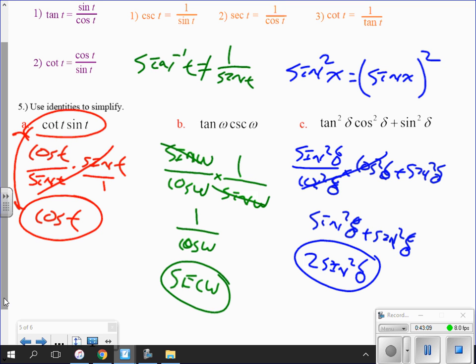I love doing trig identities and simplifying them. These are literally just scratching the surface. It will get much more complicated as we go along, and we will work on them. And there are tricks that I will show you as we go along.